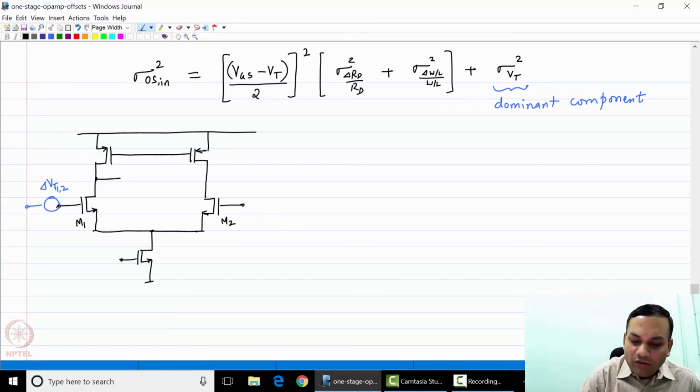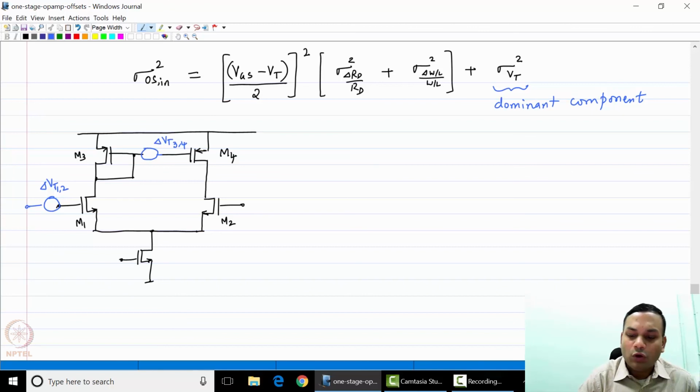What about the offset of M3 and M4? It turns out that this offset can also be represented as a series voltage source delta VT 3, 4, and if you look at the output offset voltage and divide it back by the gain, you can clearly see that the input referred offset VOS in would have two components.